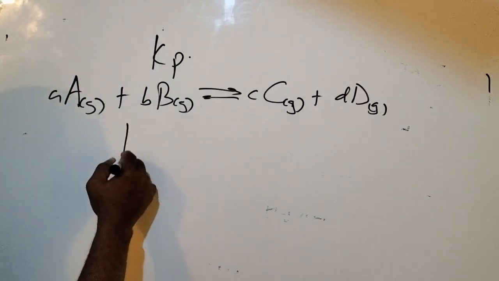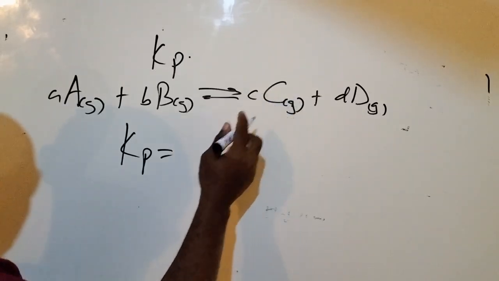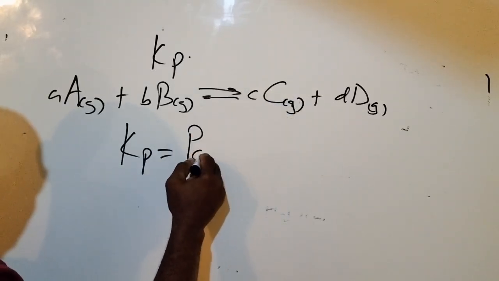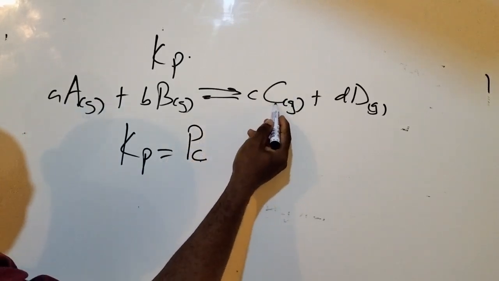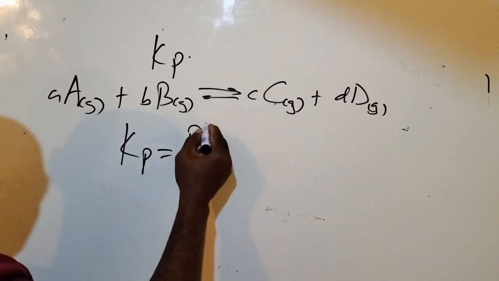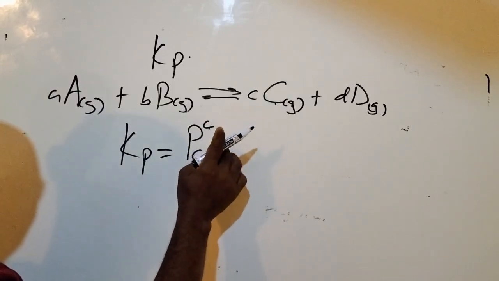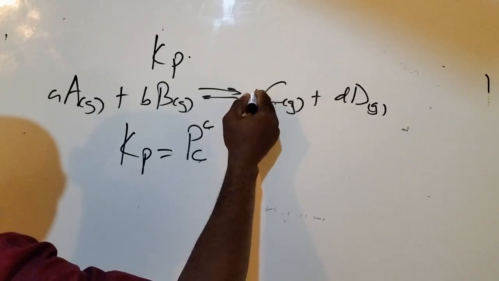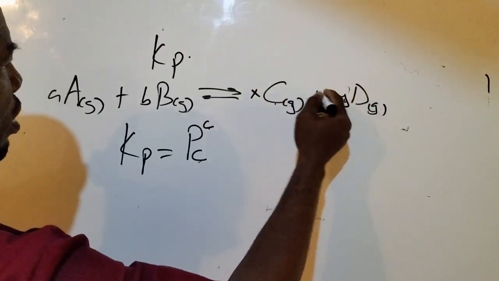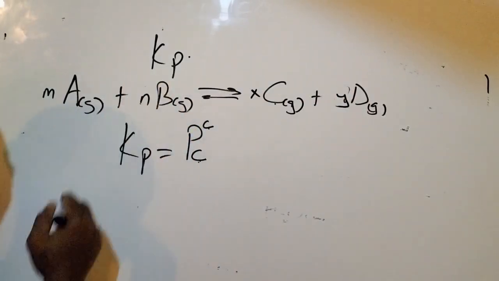To write Kp now, how do we go? Similarly, we use the pressure of the products. We'll now write Pc, where C is the product. That means the partial pressure of the product C raised to the number of moles c. So this small c, let me not confuse it. Let me call this one s, call this one y. We call this place small m, call this place small n, to avoid confusion.